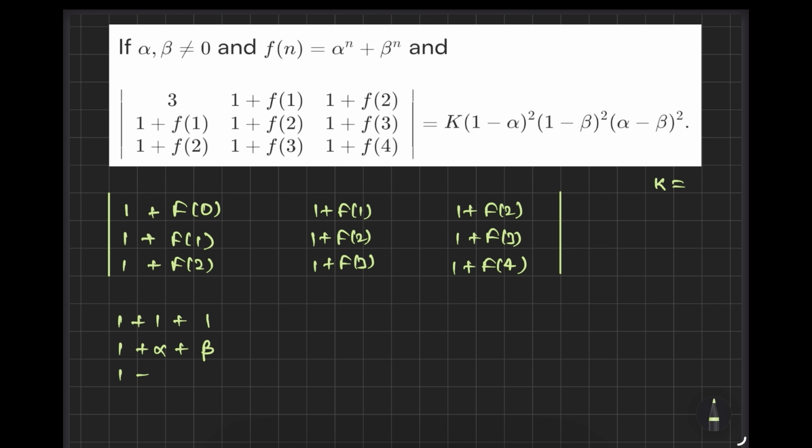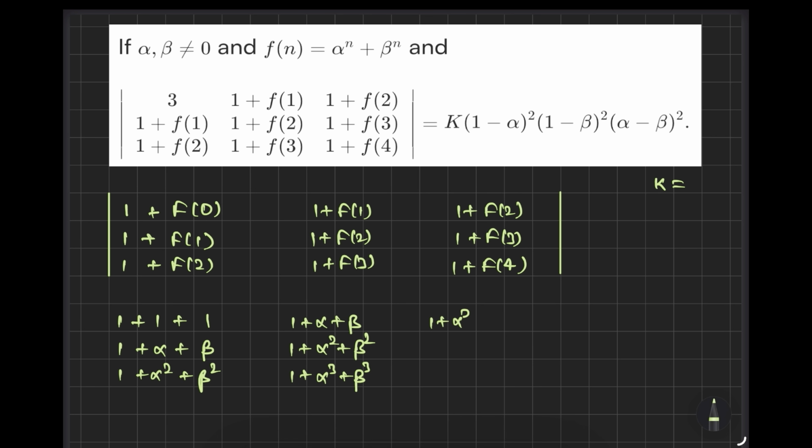Then it is 1 plus alpha square plus beta square. It is 1 plus alpha plus beta. 1 plus alpha square plus beta square. 1 plus alpha cube plus beta cube.